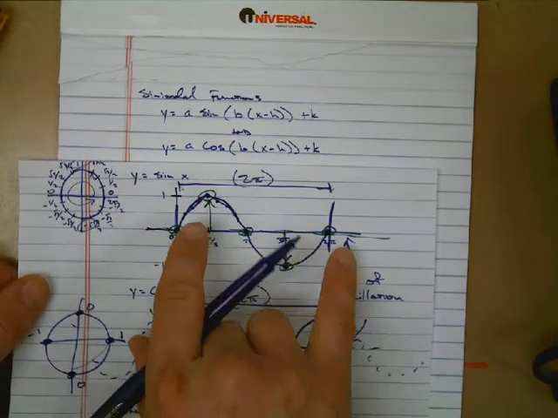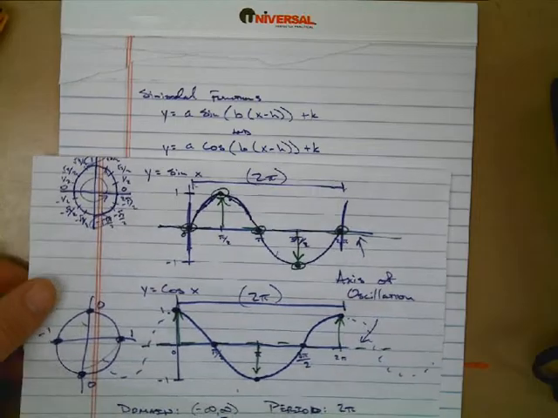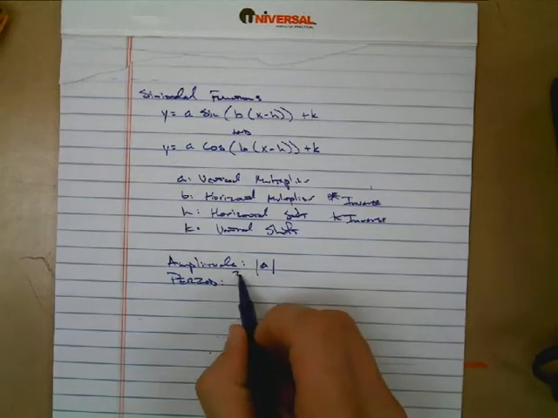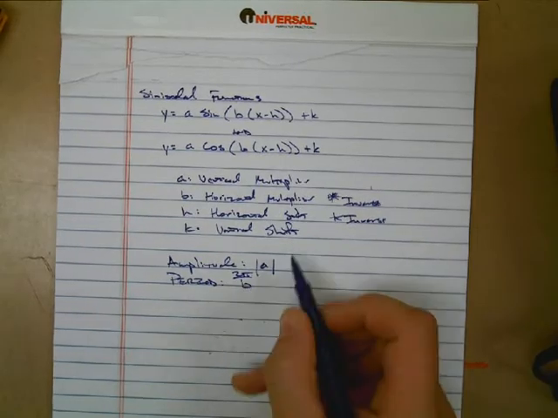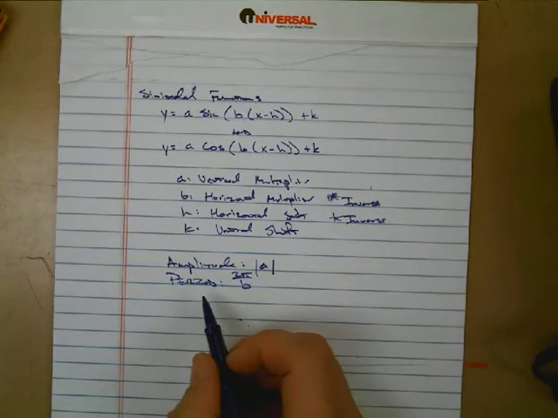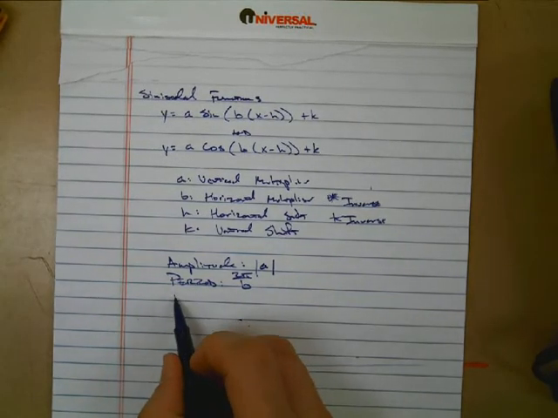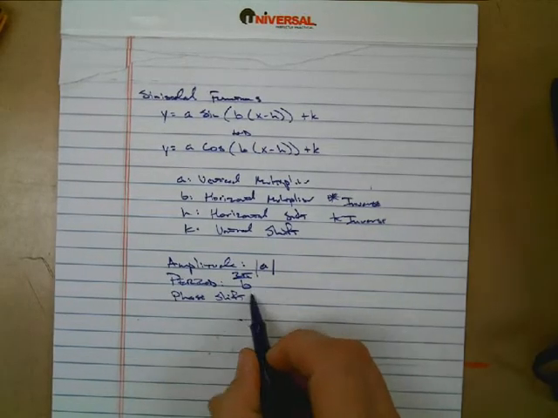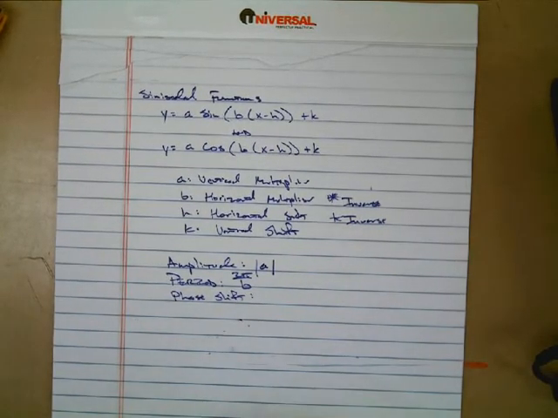H is a horizontal shift. In sinusoidal functions, we call those phase shifts. So h is the phase shift, which is just a horizontal shift.